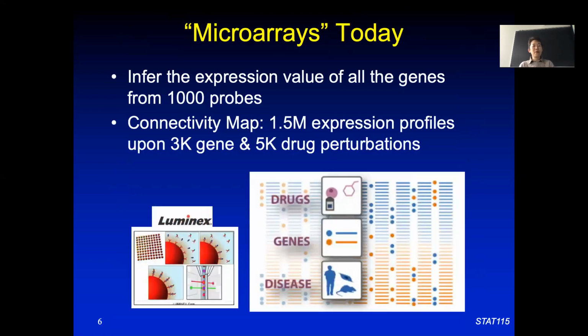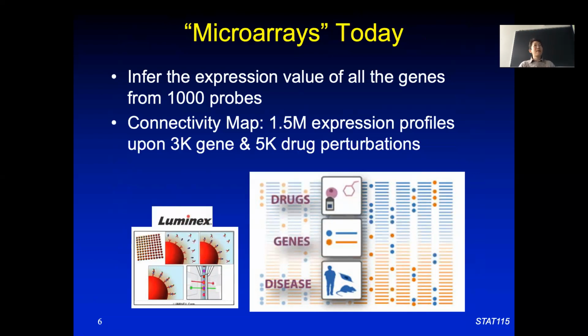But now, microarrays of today use the Luminex technology. This is still from the work of Todd Golub's lab at the Broad Institute, where with this machine you use a bead, and on the bead they have about 1,000 probes. For each sample, instead of measuring all 22,000 genes in the genome, they measure 1,000 genes with the probes.